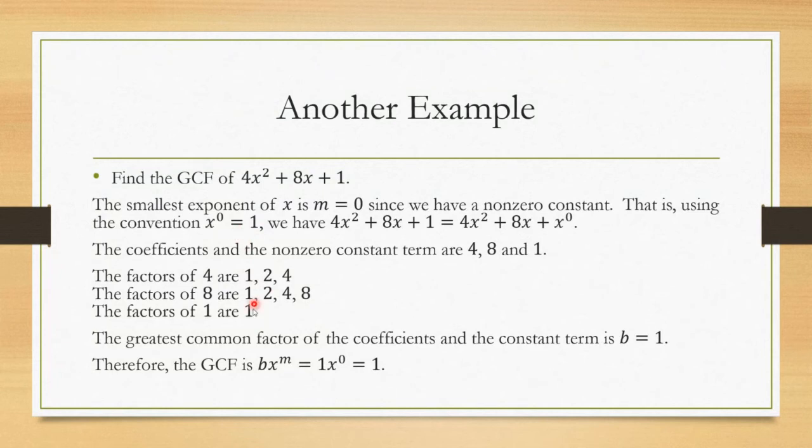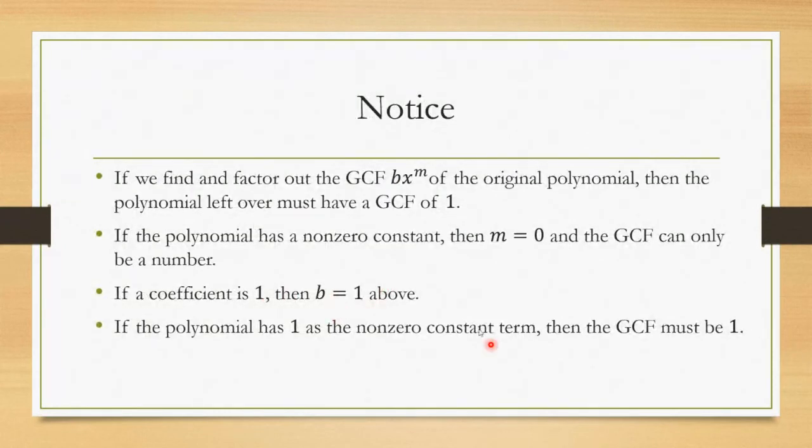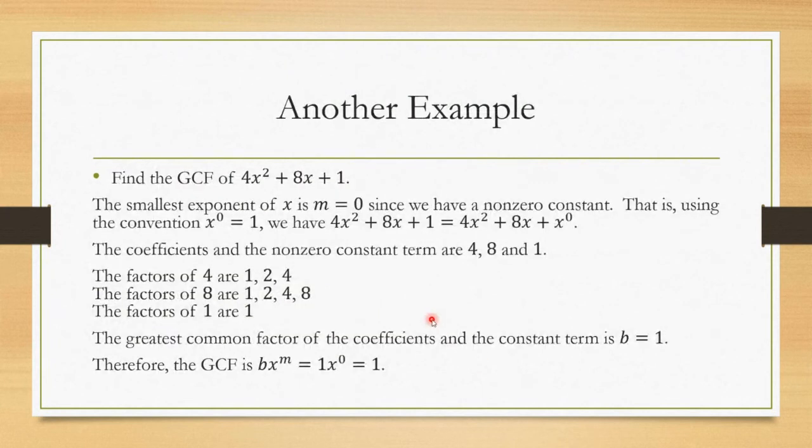So we get M is 0, B is 1. That forces the GCF to be 1. This is what I was trying to say before, on this slide. So we have this example. Are there any questions on this?